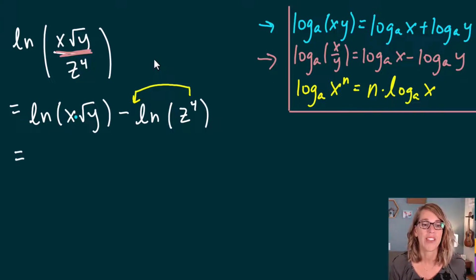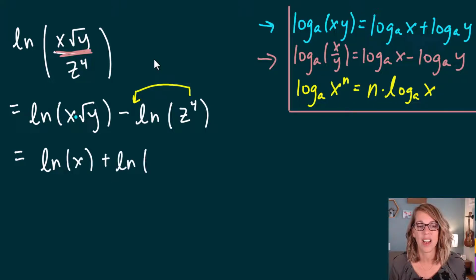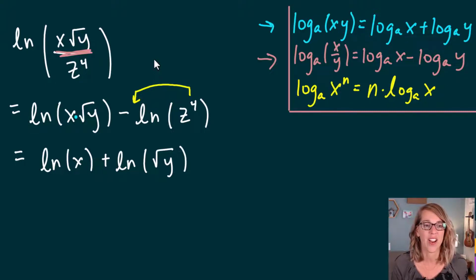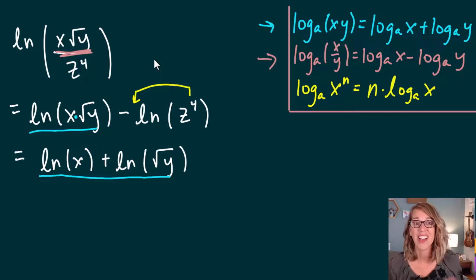So we can rewrite this as the natural log of x plus the natural log of the square root of y. Now that took care of this first logarithm. You can see that I split that into a sum of logarithms. And for the natural log of z to the fourth, let's move that 4 out in front. So I get 4 natural log of z.